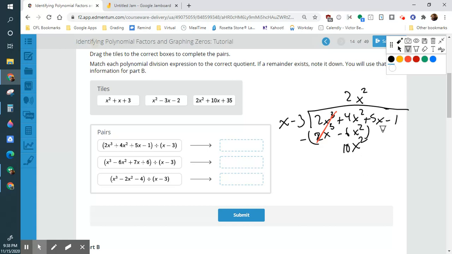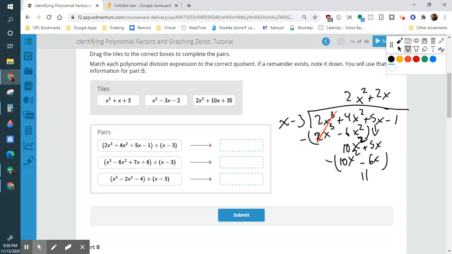Now, how do I get a 10x squared? I'm going to have to multiply this x by 2x. So I'm going to line up my x's, 2x, and it's a positive 2x. We're going to bring down this plus 5x. So this becomes 10x squared. And then minus 6x. We're going to do a double minus there.